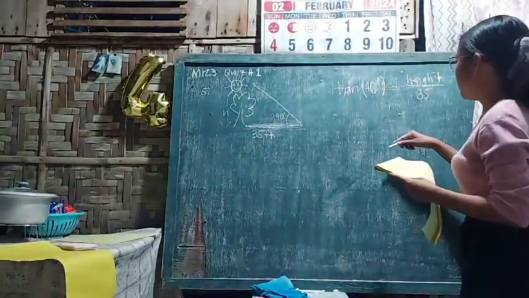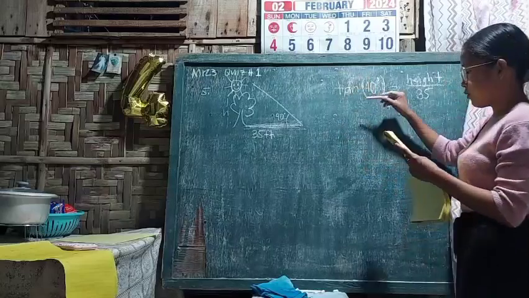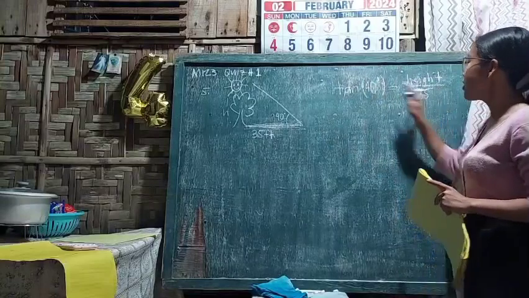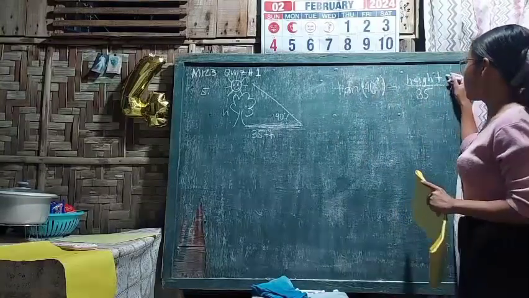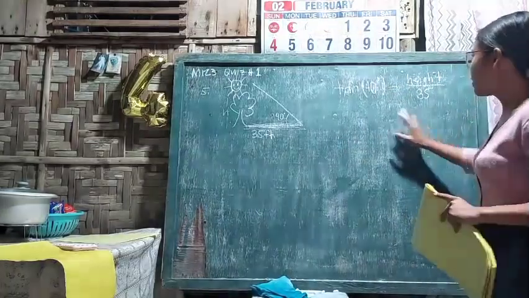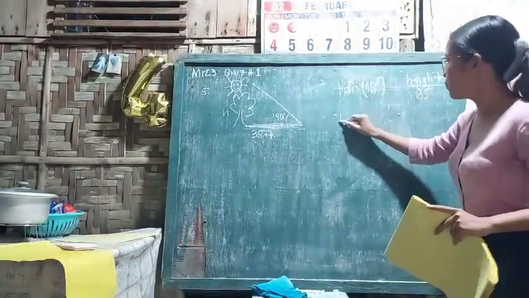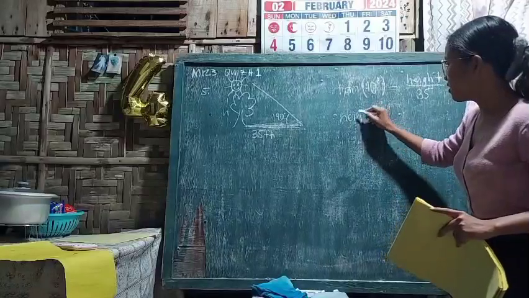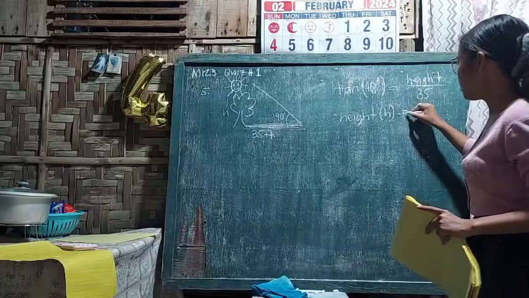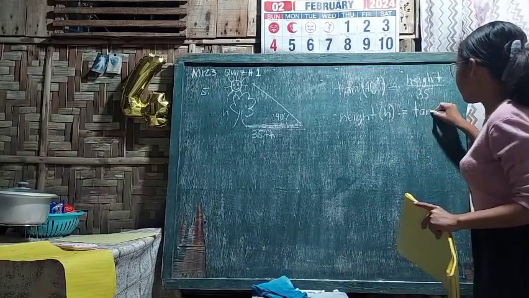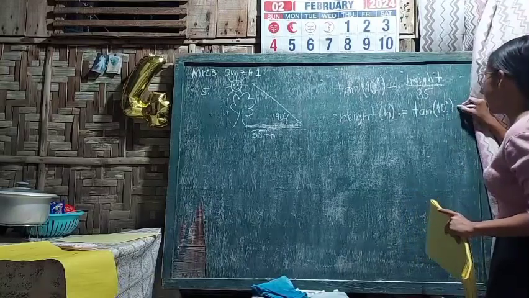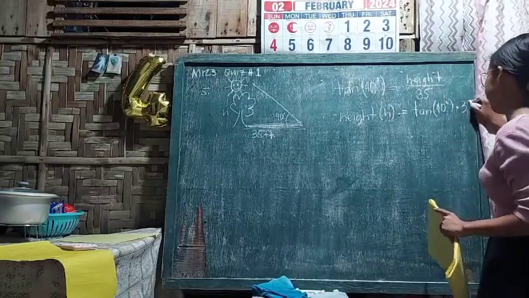So we are going to rearrange this, since we are looking for the height, not the tangent. We are going to rearrange this into height equals tangent 40 degrees times 35.